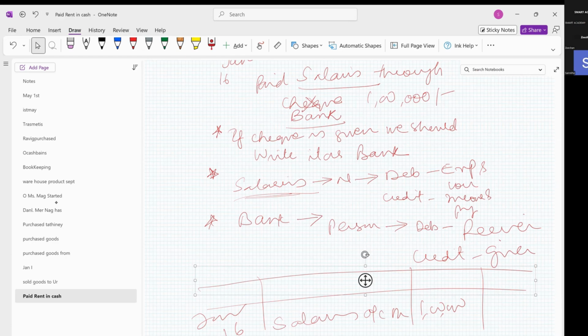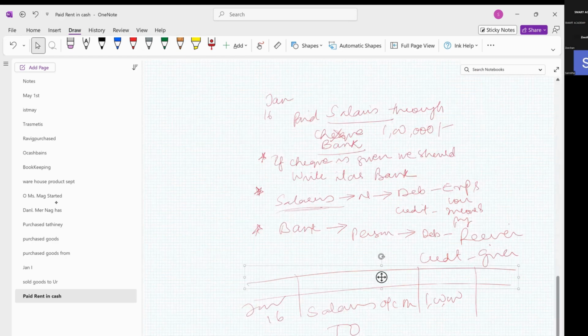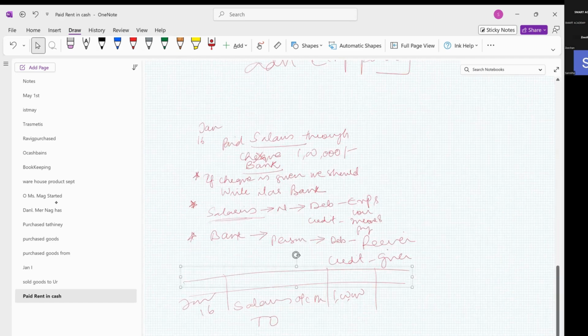Suppose you are working in an office and you have to pay salaries to the employees. Instead of giving cash, you take the amount and deposit it in the bank. Now, what will the bank do? The bank, on your company's behalf, is going to pay the salaries.